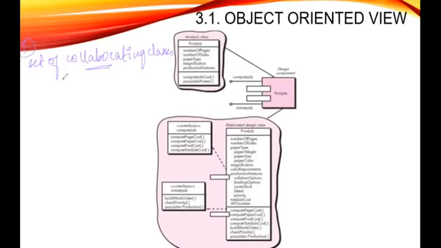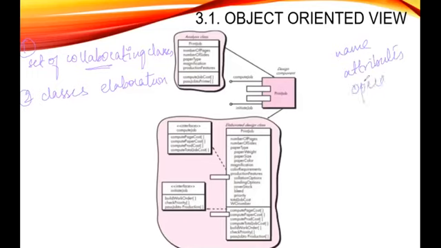Then each class that is there within the component needs to be fully elaborated. So the different classes need to be elaborated. Elaboration means you're going to give more and more detail, that is what are the different attributes. Now, if you remember, within the class you're going to have 3 different compartments: you're going to have the name, the attributes, and the operations. So these are the details that you're going to add. Each class needs to be elaborated.